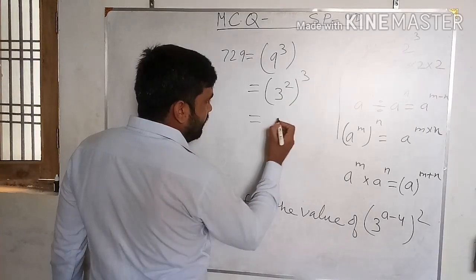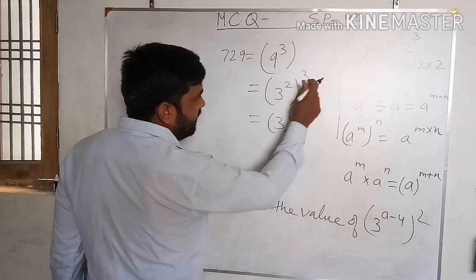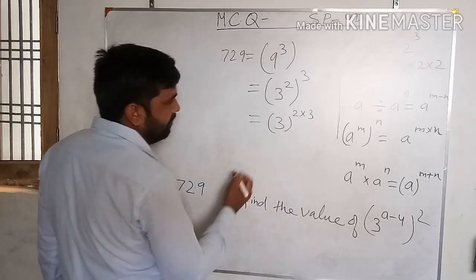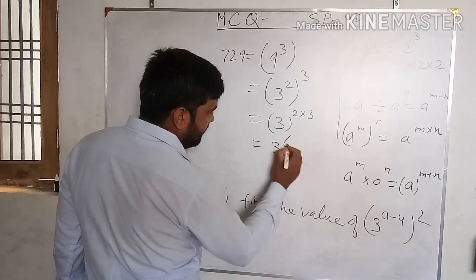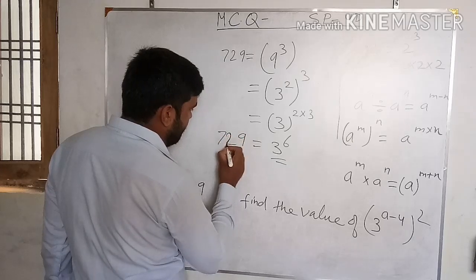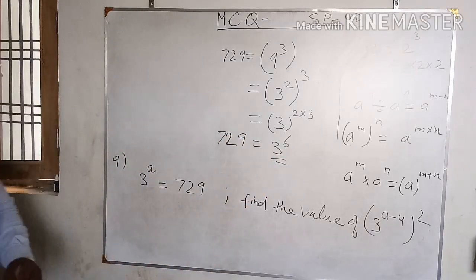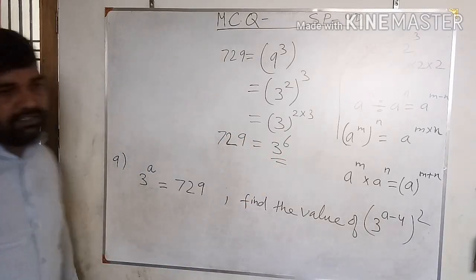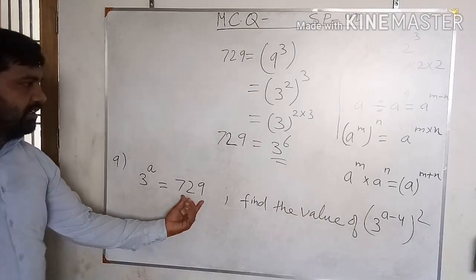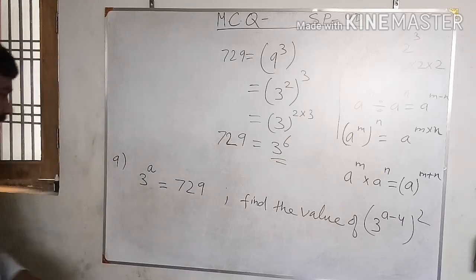Now take the base 3 common and apply the power law: 2 3s are 6, multiply the powers, that is 3 to the power 6. So in place of 729 we can write 3 to the power 6.